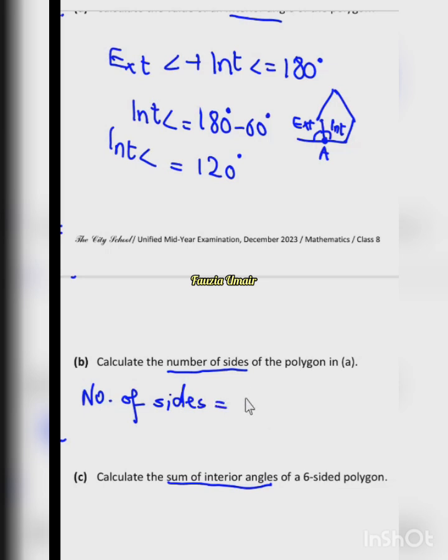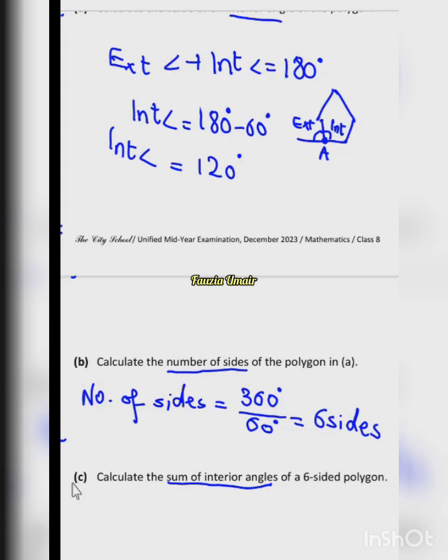We have to divide 360 by 60. That's correct. So we are using the property that the sum of exterior angles of a polygon is always 360. So if I divide 360 by a single exterior angle, the answer would be 6. Six sides. That's correct. It is a six-sided figure.